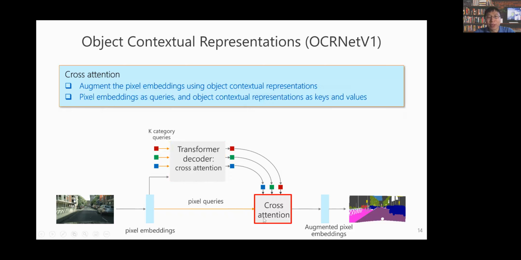Notice that in this cross attention, the query is pixel embeddings, and the keys and the values are the K image dependent category embeddings. After that, we have augmented pixel embeddings. Then we can classify each pixel to get the labels for all the pixels. So actually, that's all for our method.